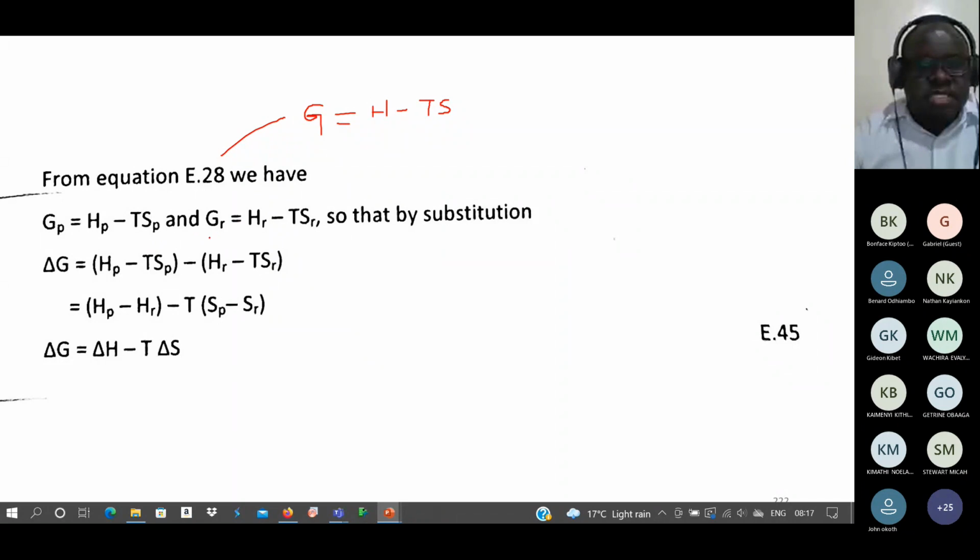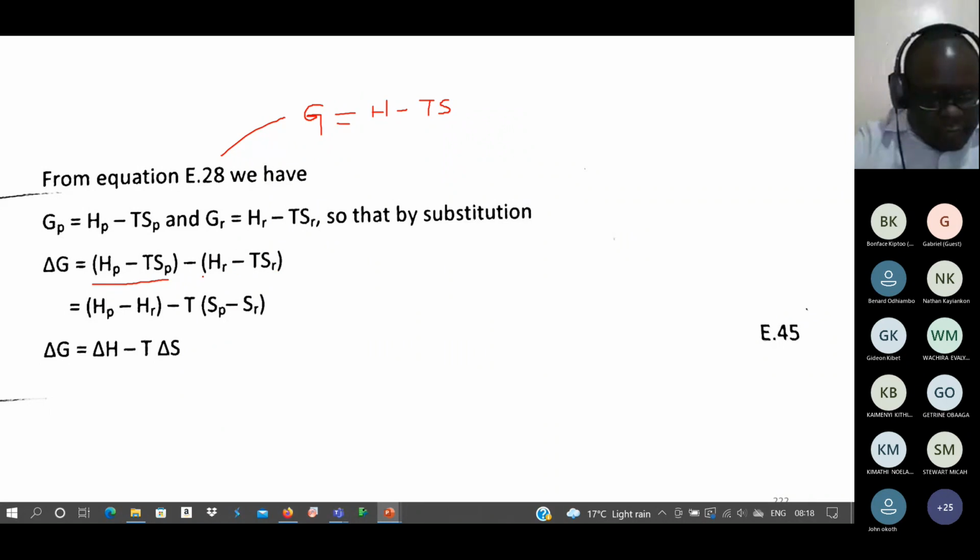And for the reactants, GR is given by HR minus TSR. So now, if you substitute these into our previous expression, so we said delta G equals GP minus GR, you get this expression here. HP minus TSP, in brackets, minus HR minus TSR.